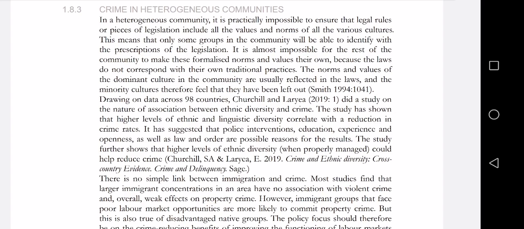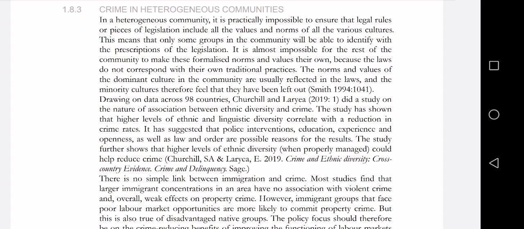Smith, 1994, page 1041. Drawing on data across 98 countries, Churchill and Laria, 2019, page 1, did a study on the nature of association between ethnic diversity and crime. The study has shown that high levels of ethnic and linguistic diversity correlate with a reduction in crime rates.